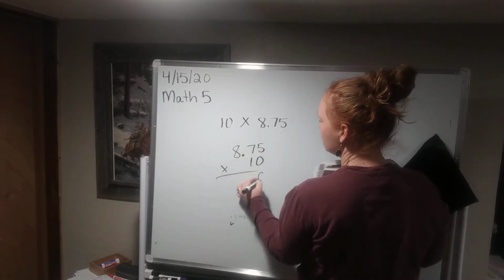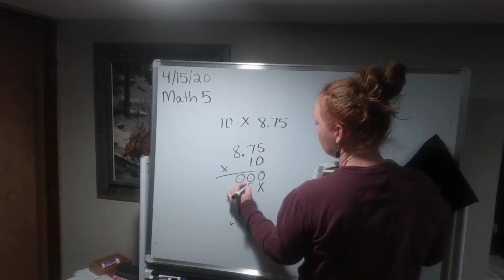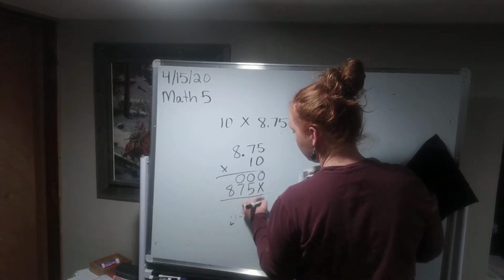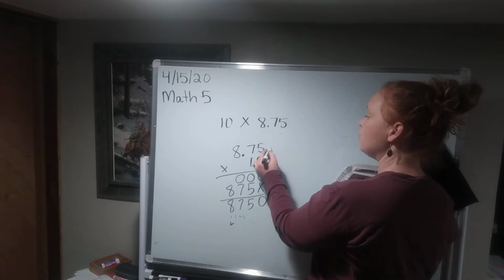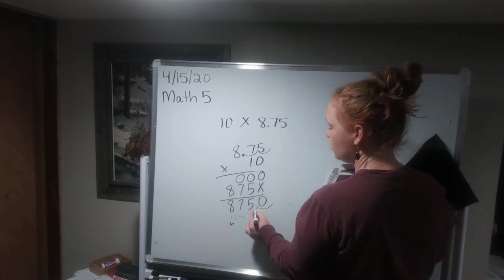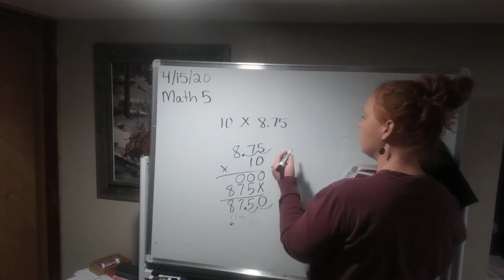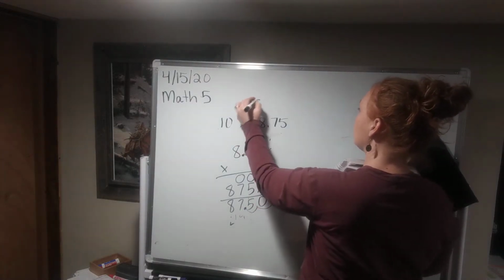Well, these would all be 0, 0, 0. Mark out the ones place. 5, 7, 8. Add them together. Now, I have 2 behind the decimal, so I have 2 behind the decimal. So I get 87.5. I'm going to write this above.